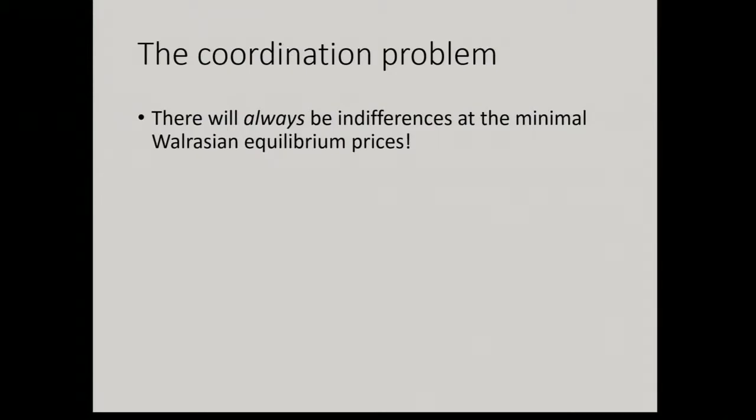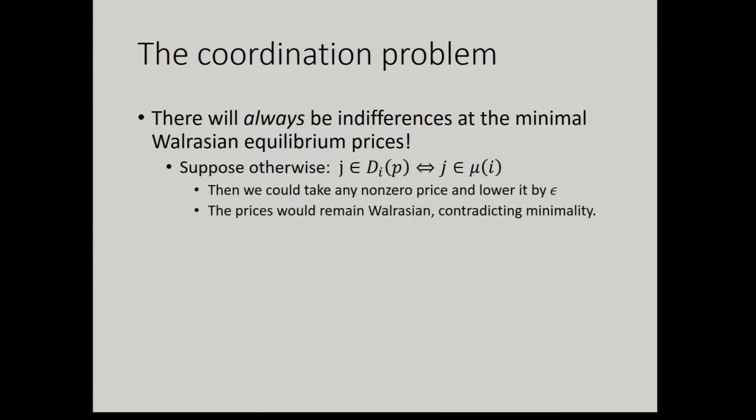So it's not too hard to see that there will always be indifferences at the minimal Walrasian equilibrium prices. It's not too surprising. Equilibria tend to induce indifferences. But suppose there weren't. By that I mean, suppose you had a market where there were no indifferences.